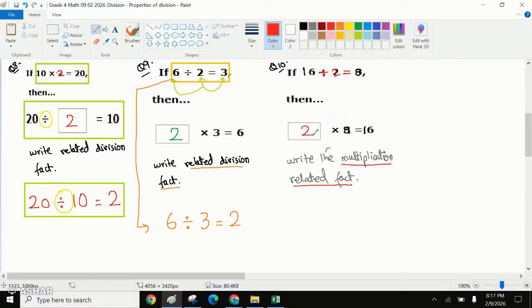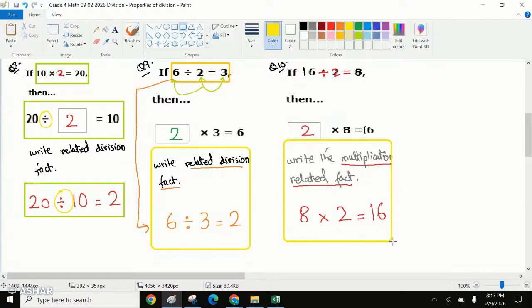Then 2 multiplied by 8 would be 16. And the multiplication fact would be 8 multiplied by 2 is 16. So now we know the difference between division related fact and the multiplication related fact. Okay, so we have to be careful about the question, what they're exactly asking us.